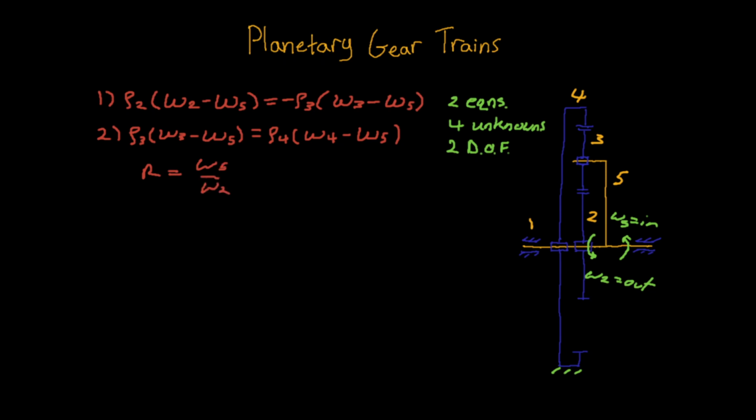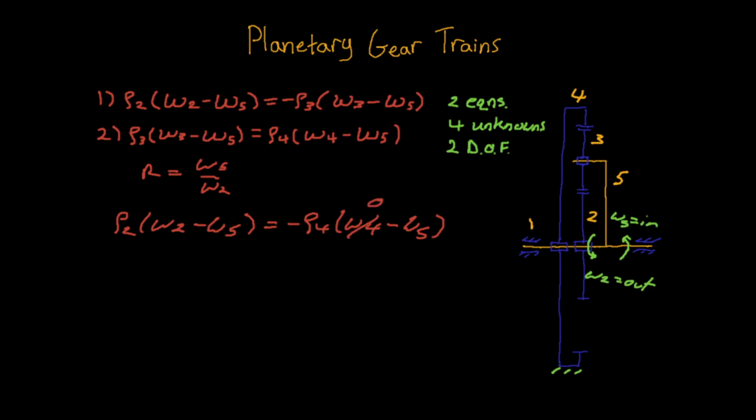So real fast, we'll substitute equation 2 into 1 and get rho 2 times omega 2 minus omega 5 is equal to minus rho 4 times omega 4 minus omega 5. And this time omega 4 is equal to 0.